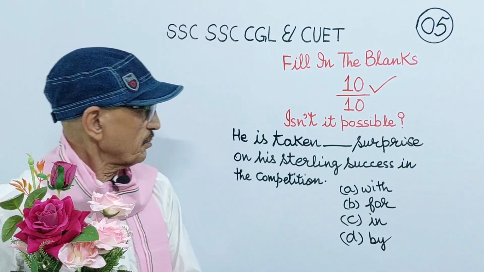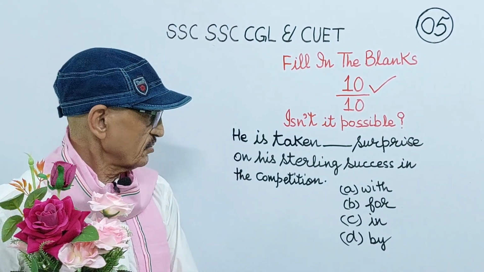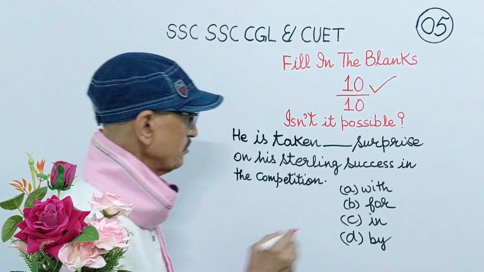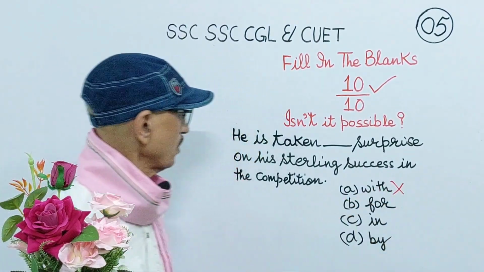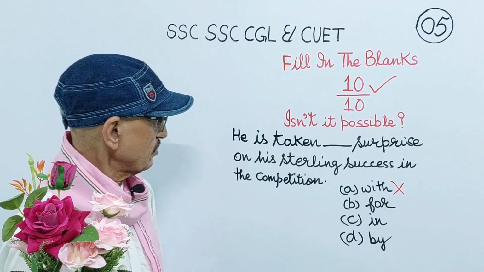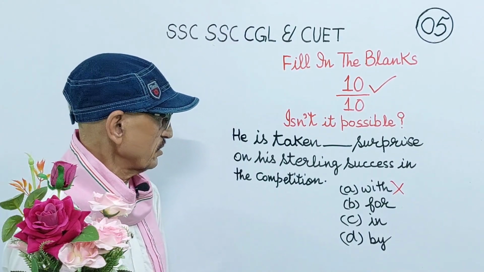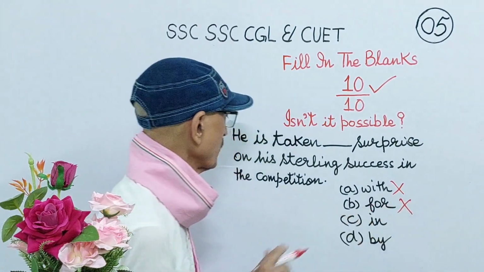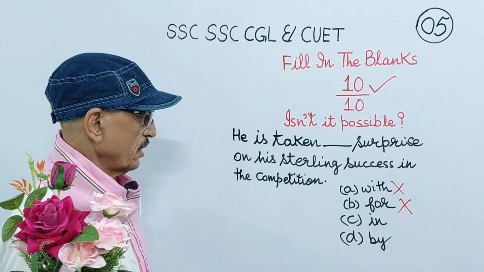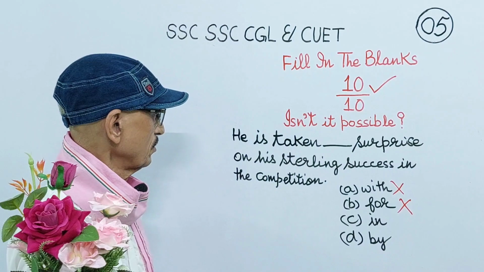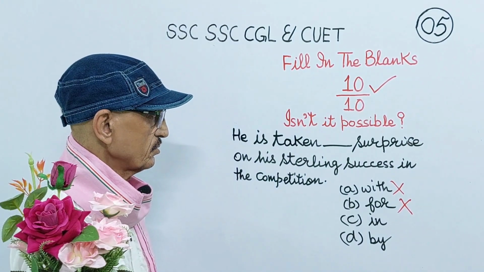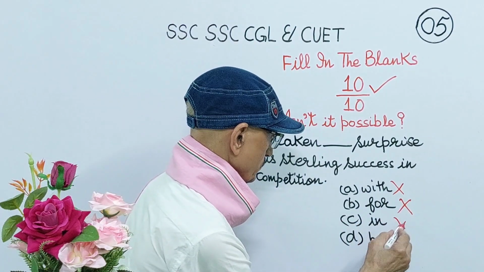He is taken with surprise on his sterling success in the competition. Taken with, no, this is incorrect. He is taken for surprise on his sterling success in the competition. Taken for, no, incorrect. He is taken in surprise on his sterling success in the competition. Taken in, no, incorrect.